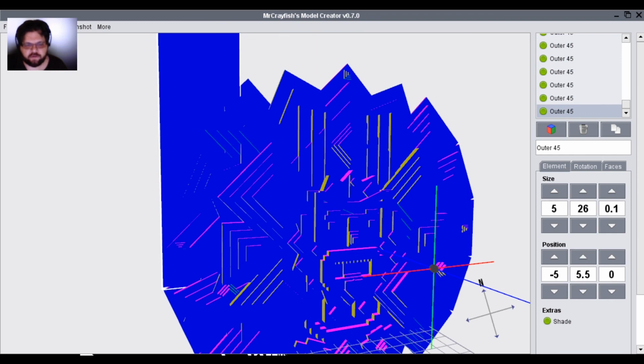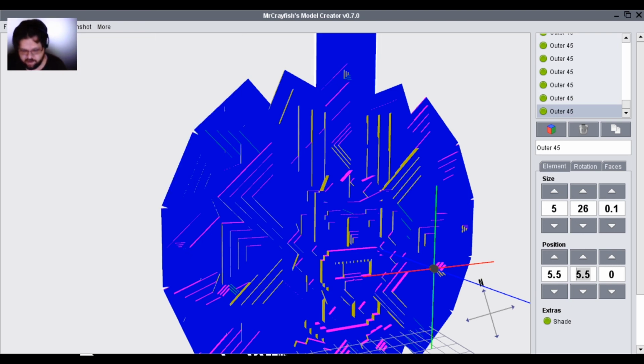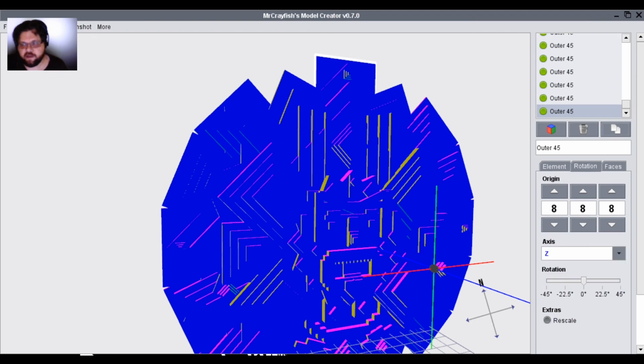What is going on there? 5.5 and -5? Okay, I had to swap everything. So let's duplicate you and rotate you that way.